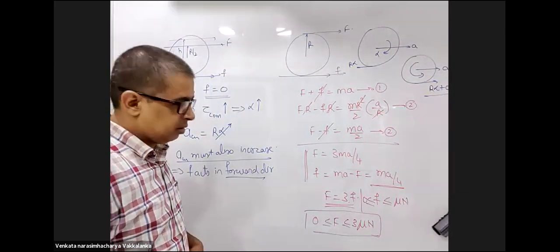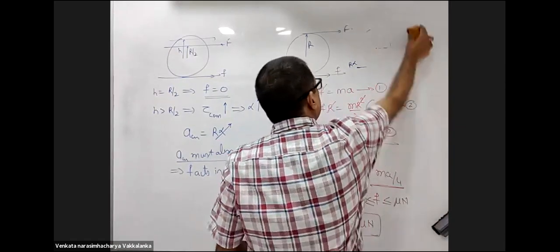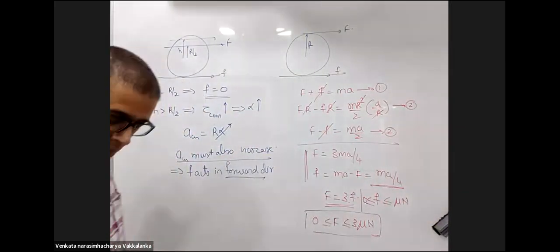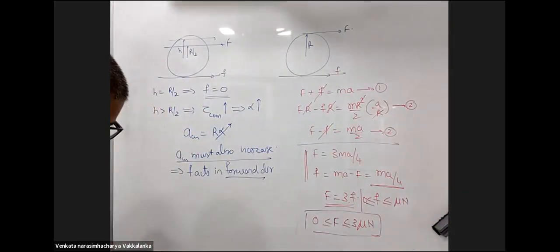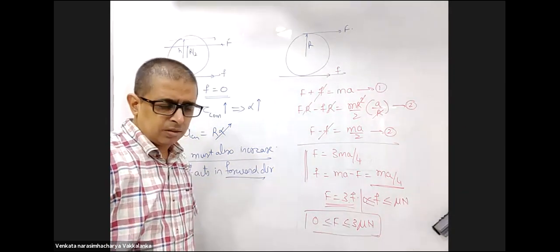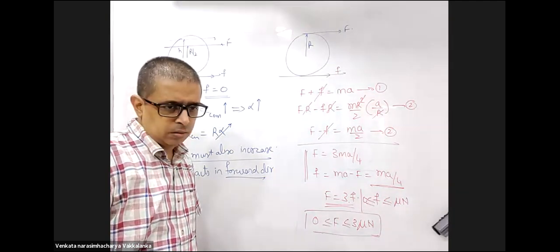Sir, basically you have taken the opposite of the convention, right? Pardon? For our convenience, we have taken the opposite direction instead of the convention, right? What do you mean? The convention we take alpha in the anti-clockwise as positive, right? So here both negatives are getting cancelled, right?